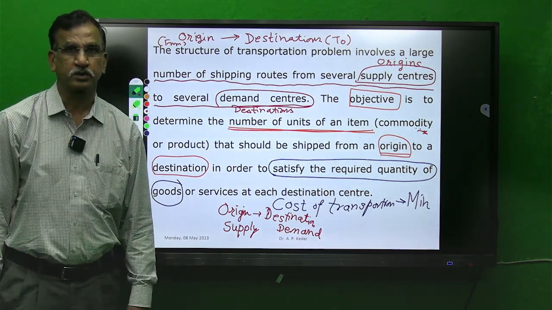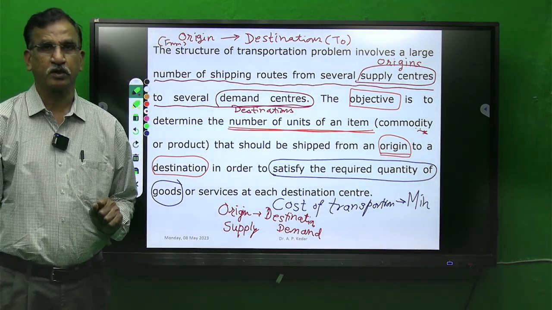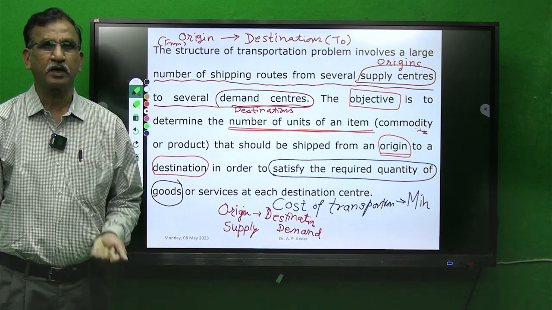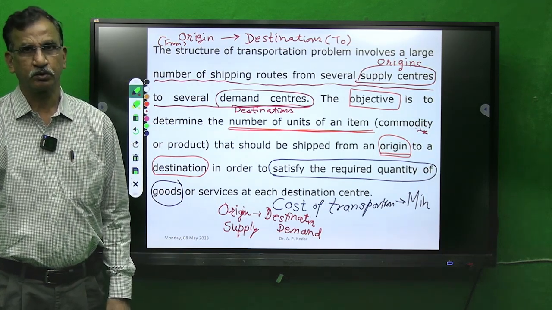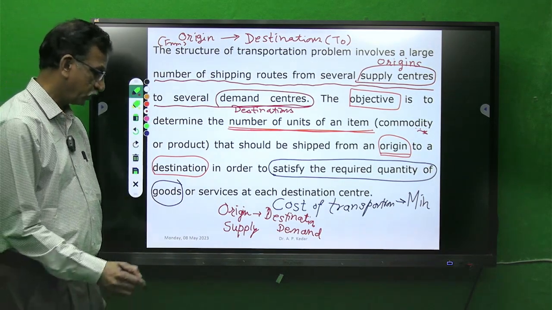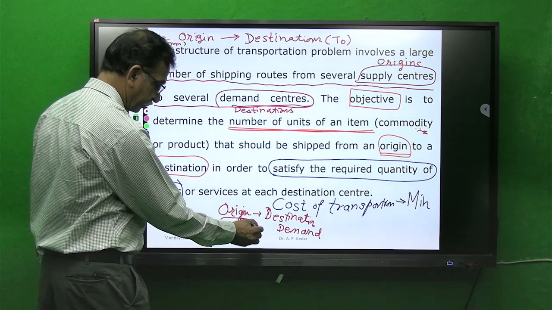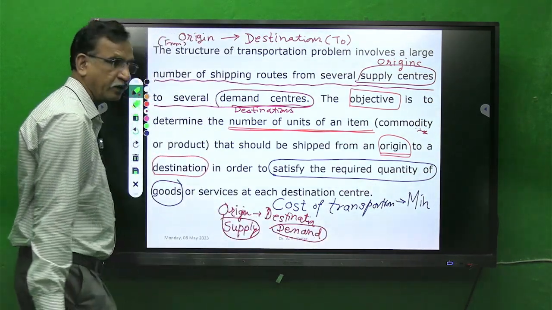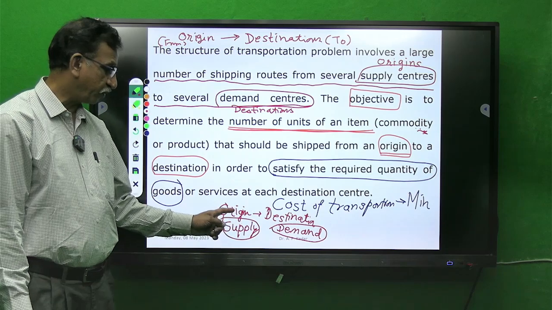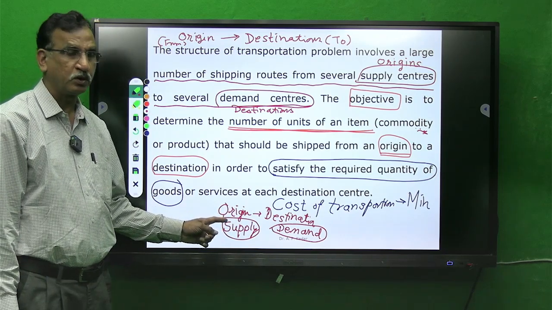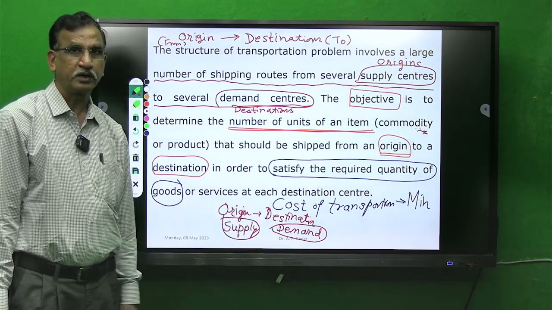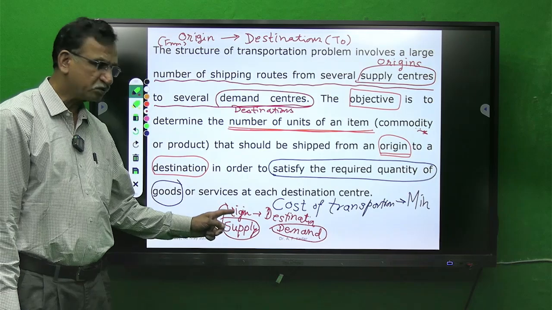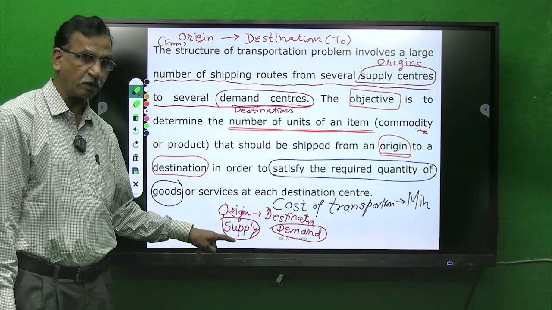So students, in the transportation model you will frequently come across the two important words, supply and demand. Supply will be from origins, demand will be from destinations. Origins means factories. Factories will supply.